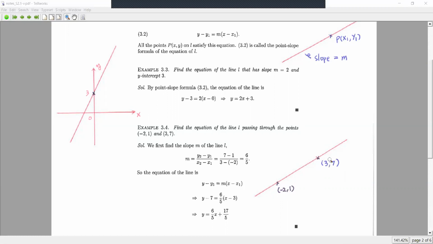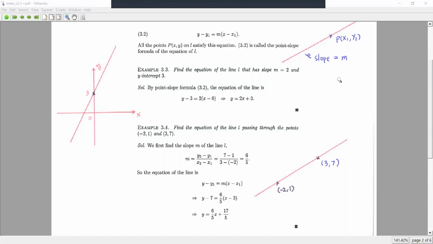Then y2 is 7, y1 is 1, x2 is 3, x1 is -2. Then we have this equation, (7 minus 1) over (3 minus -2). So the slope of this line is 6 over 5.